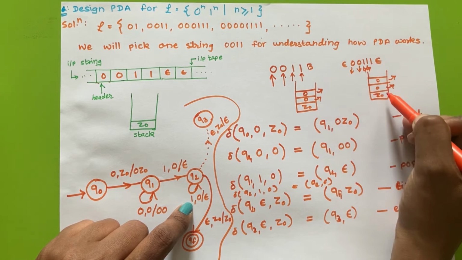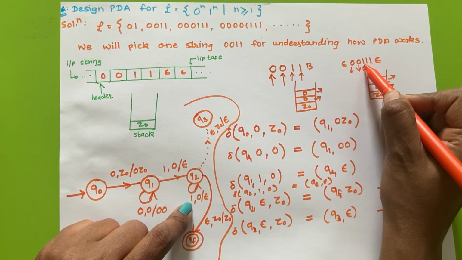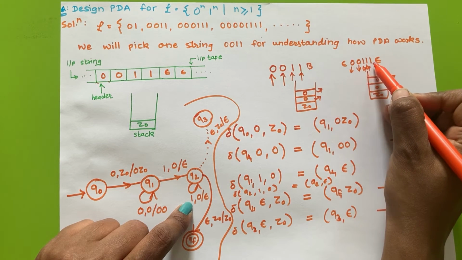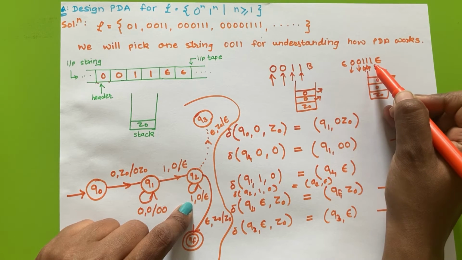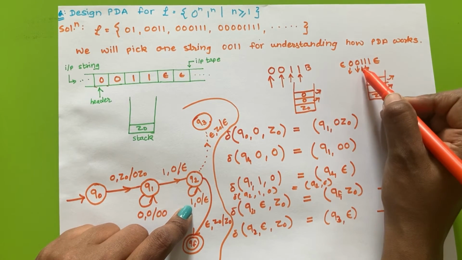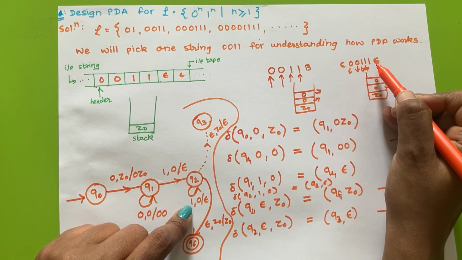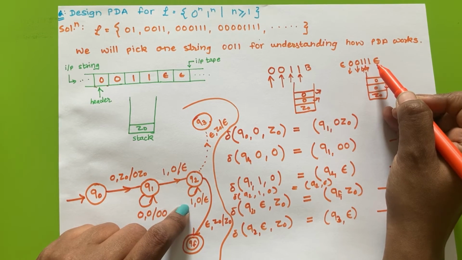But we don't have one more 0 to pop out. It means we don't have an equal number of ones following these zeros; we have an extra one present in this string.